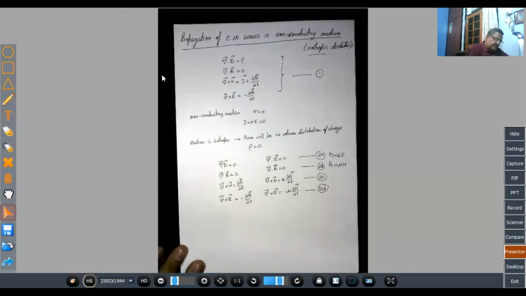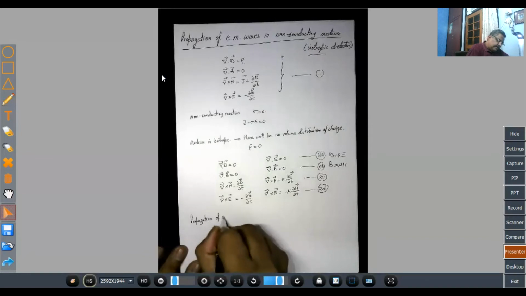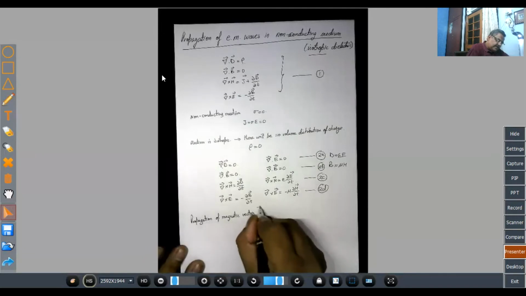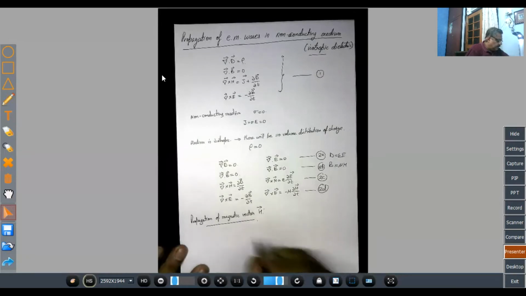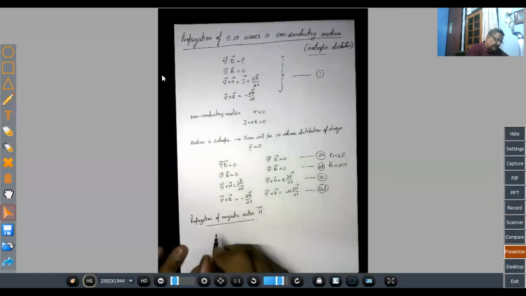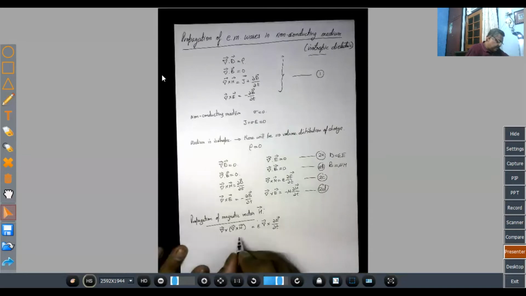Now we will consider the propagation of magnetic vector, which is H. So we will take this third equation 2C and take a curl of this equation, which will give us, now using the vector identities of the double curl product.